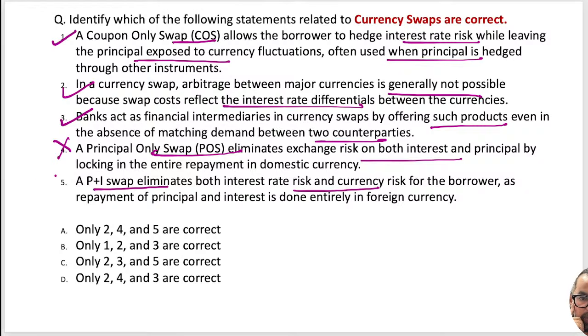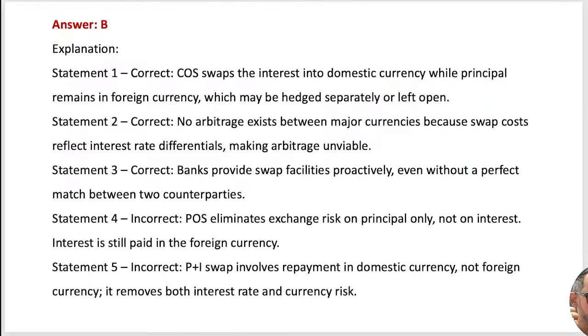Only interest and currency risk for the borrower, as repayment of principal and interest is done entirely in foreign currency. Currency risk should be there because one currency we are using is foreign, one is domestic. It should be wrong. 1, 2, 3, so B should be the right answer in this particular case also. Right? B should be the right answer.